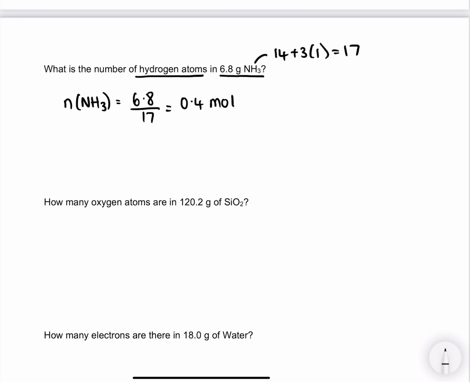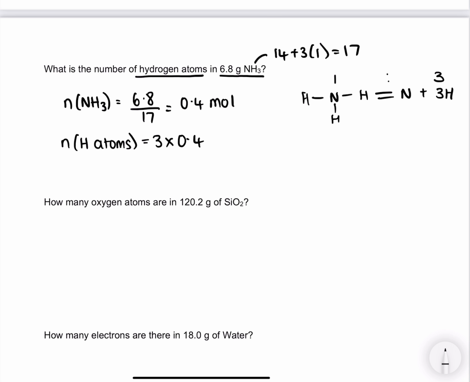Now, remembering that 1 ammonia, NH3, is made up of 1 N and 3 H's. So for every one ammonia, I've got 3 hydrogens. So the number of moles of H atoms is 3 times 0.4, which is 1.2 moles.